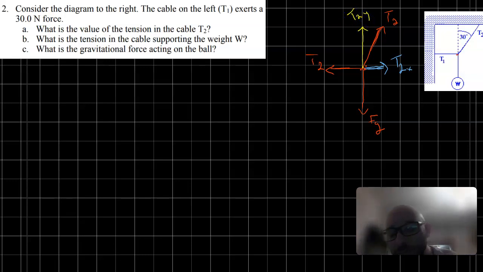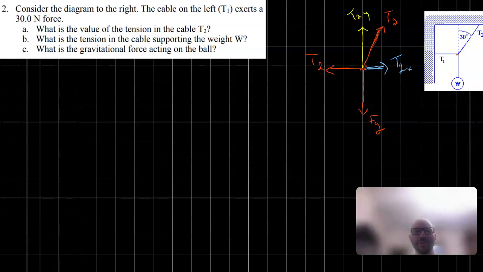This is an equilibrium problem, so we don't have any motion in this system or in this drawing, so we're assuming that everything is stationary. There's no acceleration, since nothing indicates that.